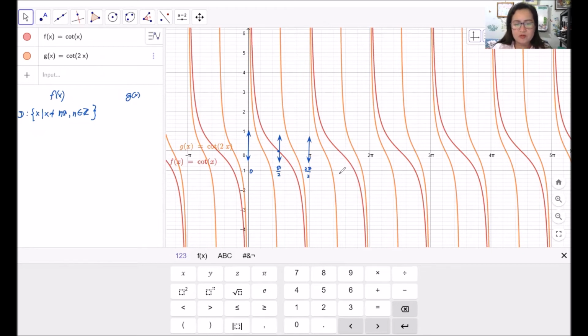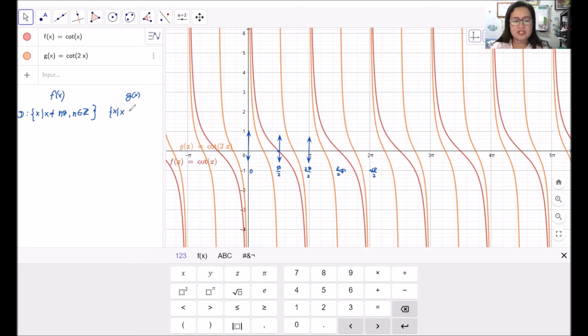Here we have 3 pi over 2, then here we have 4 pi over 2. Looking at these numbers, these are multiples of pi over 2. So that is the significant change in the domain.